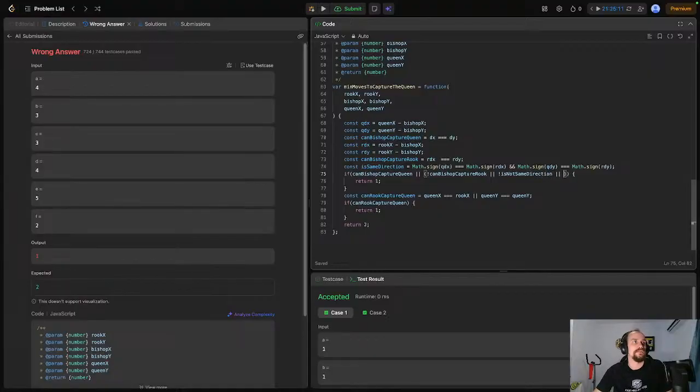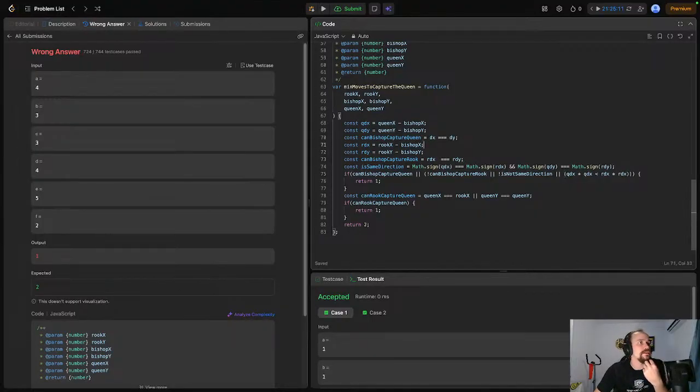Or, okay, QDX times QDX is less than RDX times RDX.